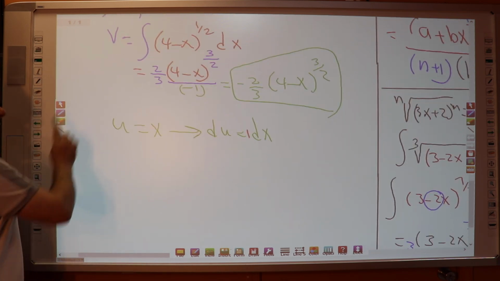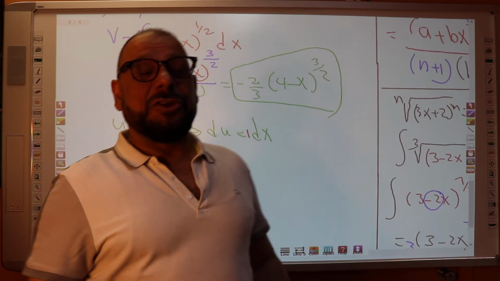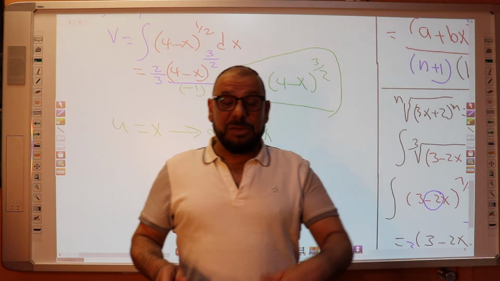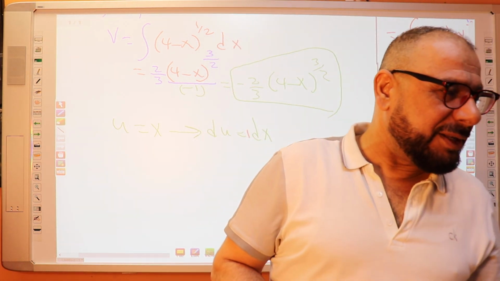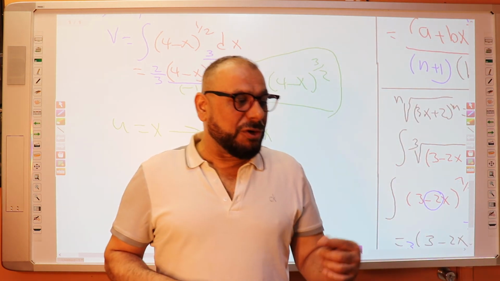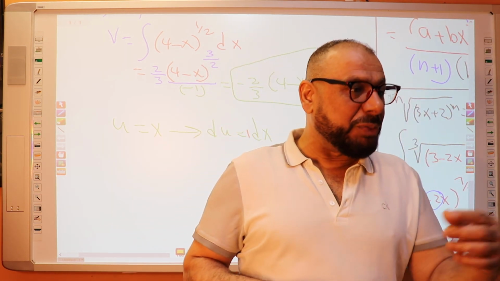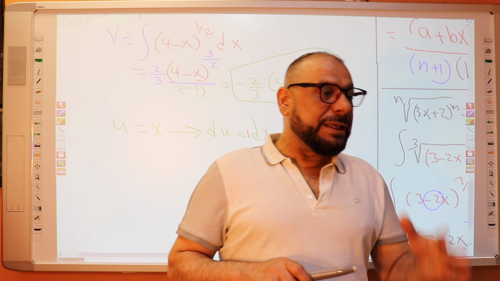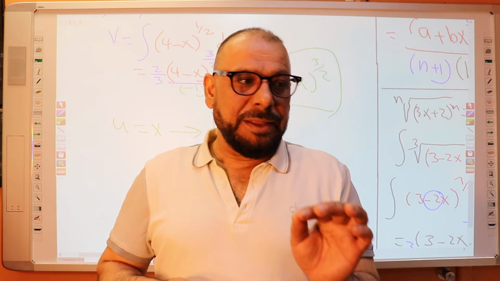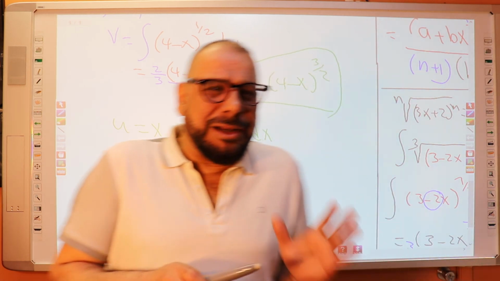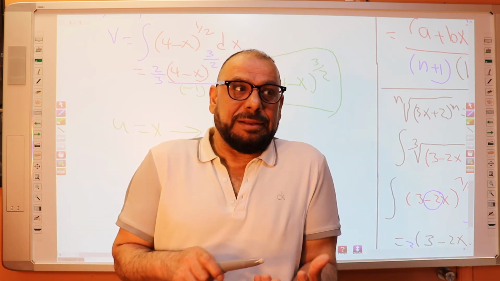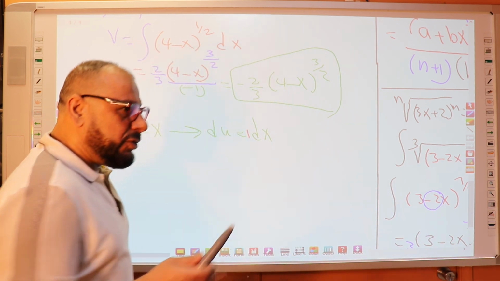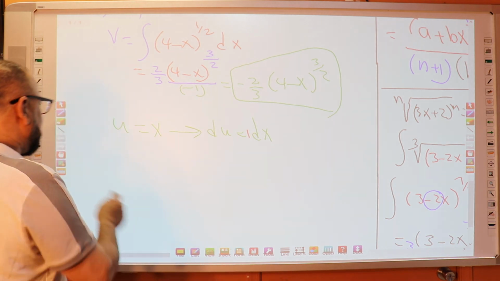Then, okay, I have advice for you guys. Are you listening? For the first few problems you practice for integration by parts, keep writing the formula. Don't say, oh, I know it. No, you don't know it, till you practice at least. If you see me not write it, don't write it. I write it all the time.